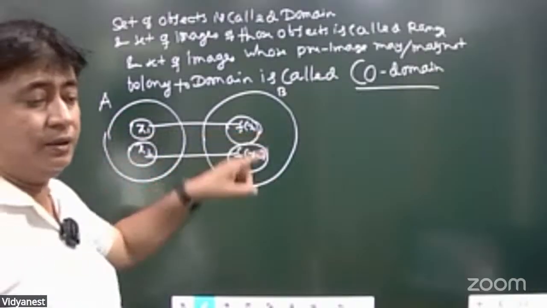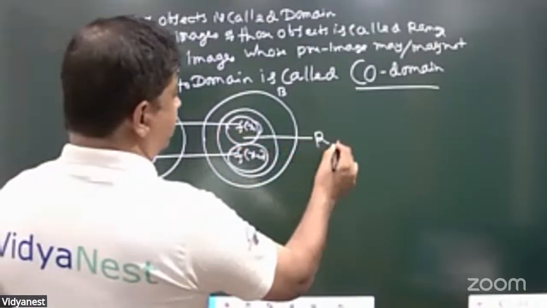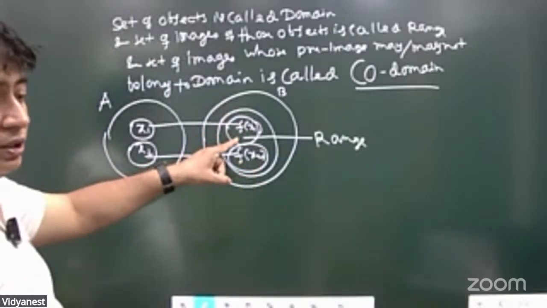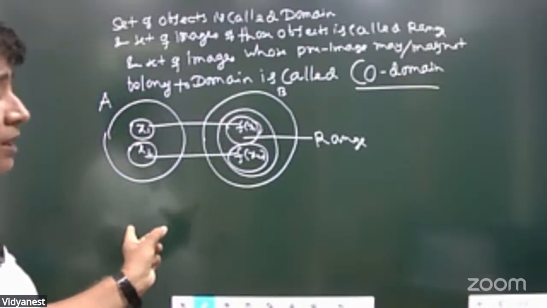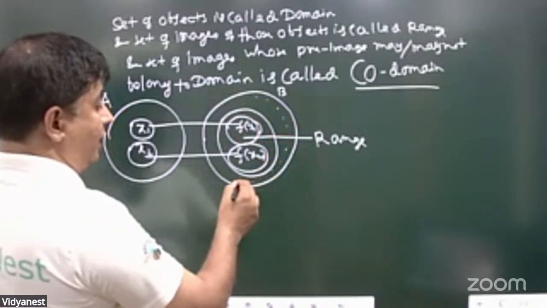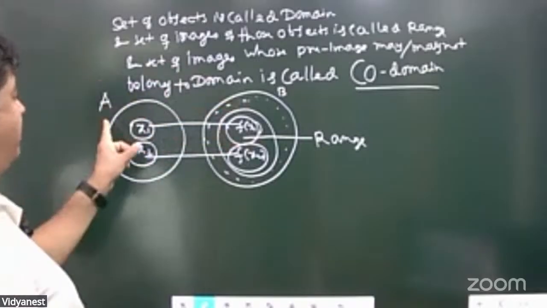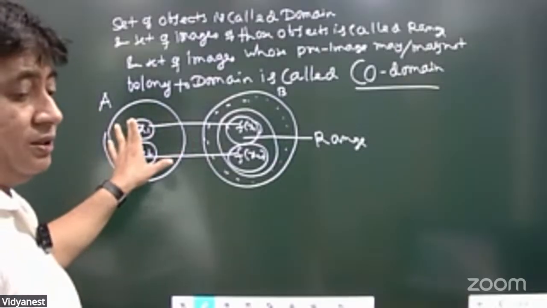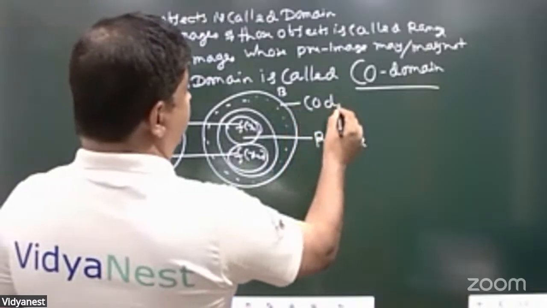That is image, and this is called range. So range contains those images whose pre-image are there in domain. Understand? But in set B, there are other passengers also. Yes or no? Those passengers' pre-image do not belong to the family of those two persons. Yes, sir. So that is codomain.